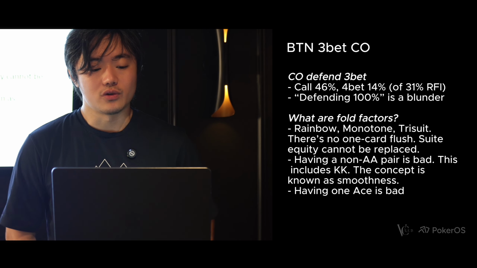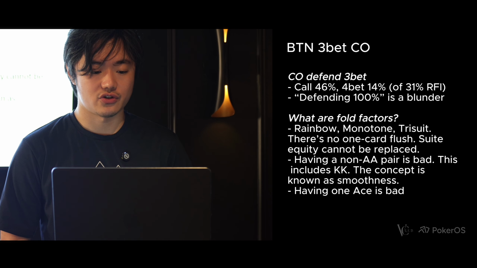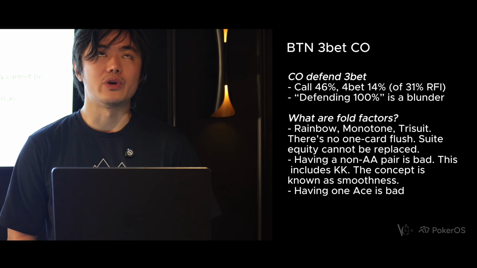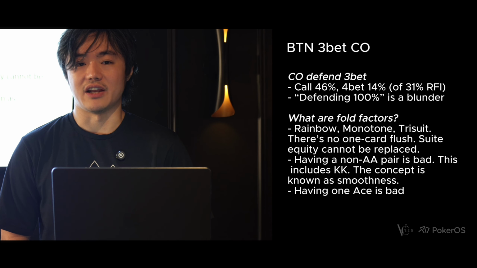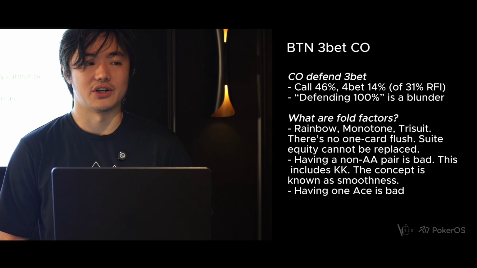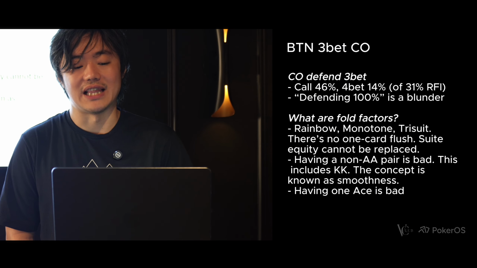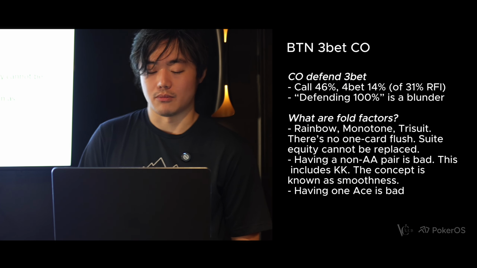So don't defend 100%. We don't have position, and the 3-bet range is usually strong. Especially in real games, people don't 3-bet those bluffs enough. People 3-bet too value heavy. So we can actually even call less out of position. So definitely not calling more.